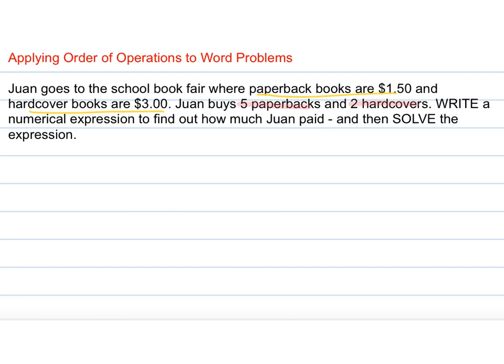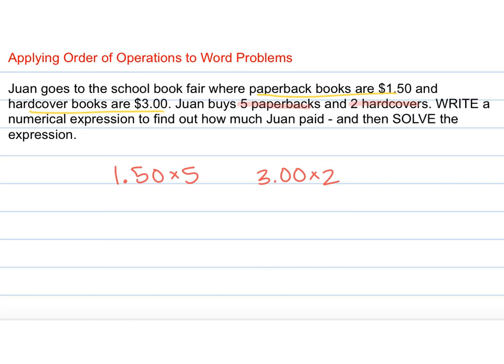All right. Well, the paperbacks are $1.50, and I'm going to multiply that by the 5 books that he's buying, the paperbacks, I mean. He's getting hardcover, which are $3, times the 2 hardcover. Okay.